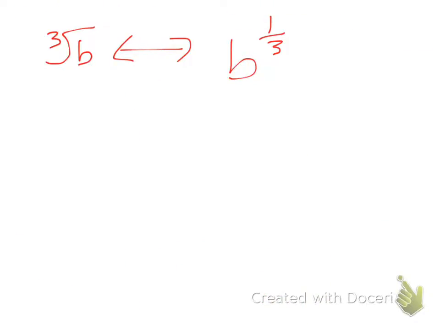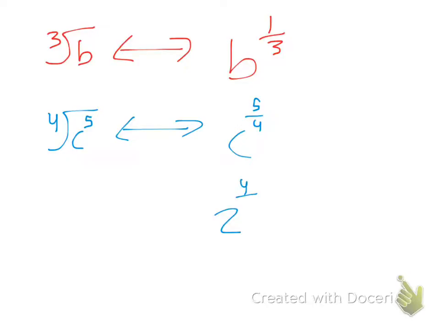Let's go back and do an example of that. If I asked you to do the fourth root of c to the 5th power, and I want you to switch that to exponent form, then that's c to the 5 over 4. It goes the other way. If I asked you 2 to the 4/7, what would it look like? Remember, that's not a square root.